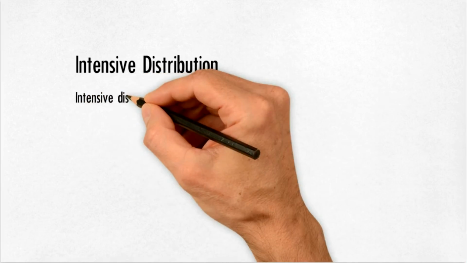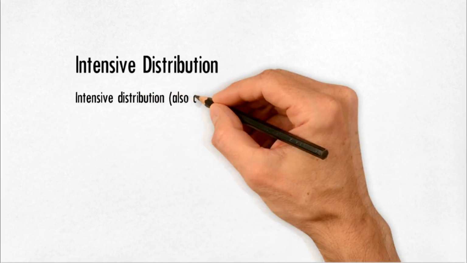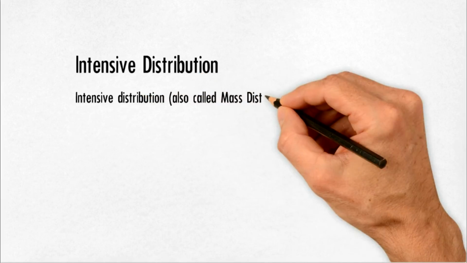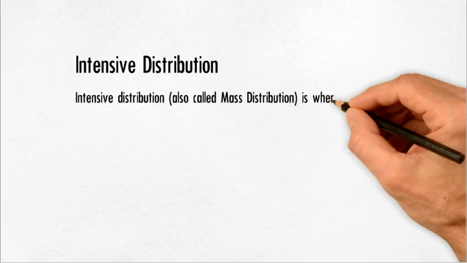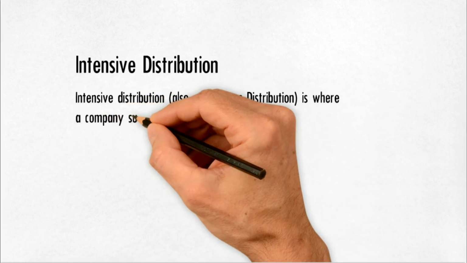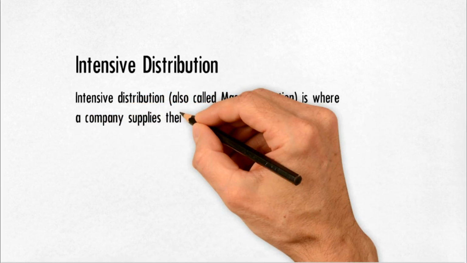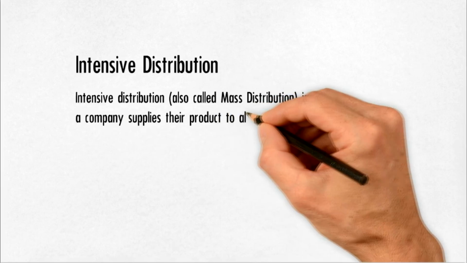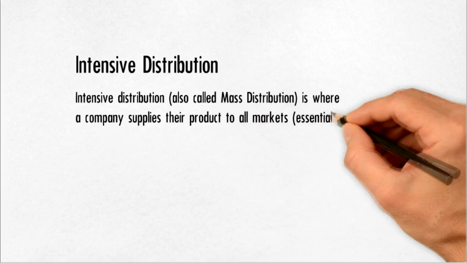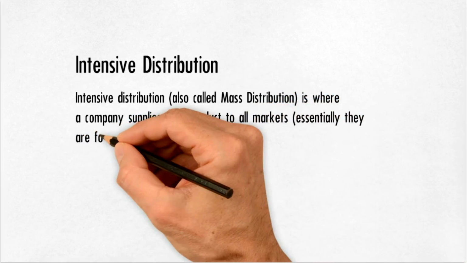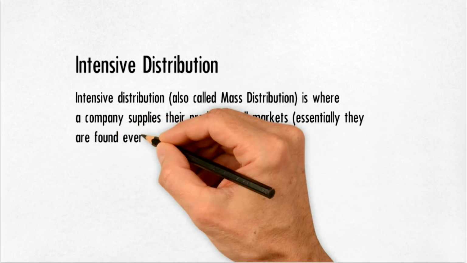Intensive distribution. Intensive distribution, also called mass distribution, is where a company supplies their product to all markets. Essentially, they are found everywhere. These products can be found in almost every place a person shops: grocery stores, gas stations, supermarkets, and so on.